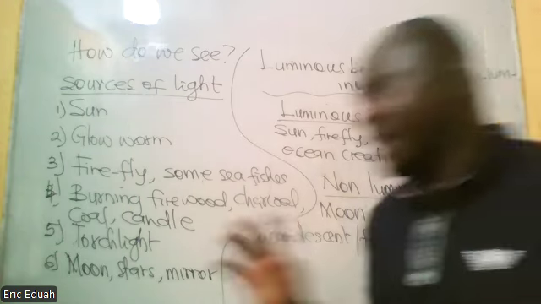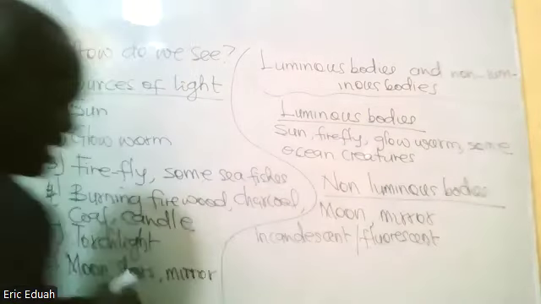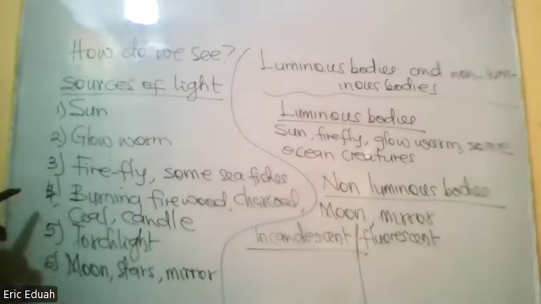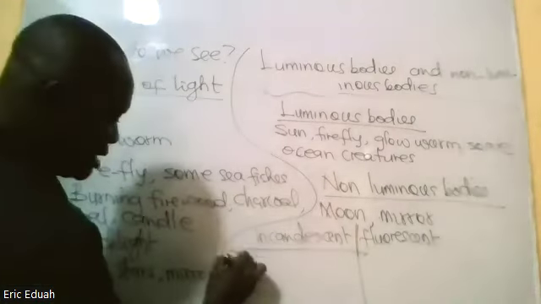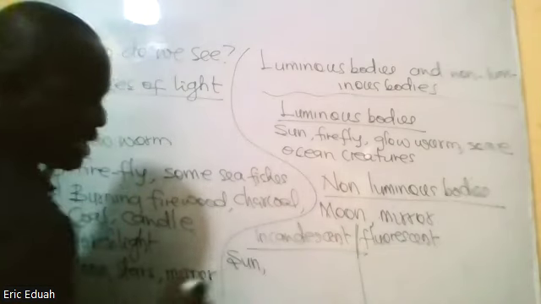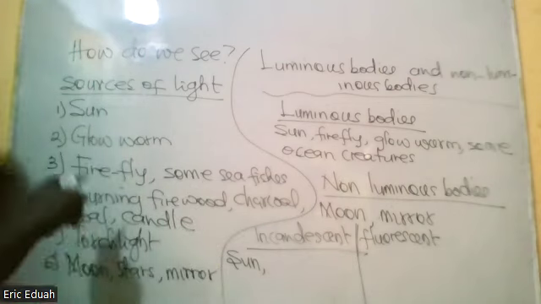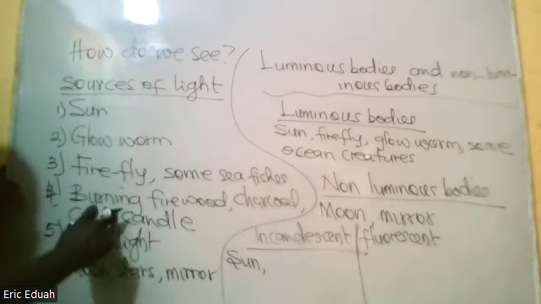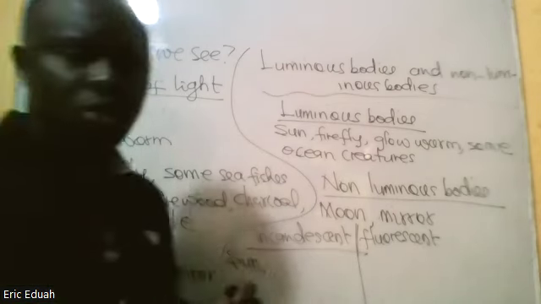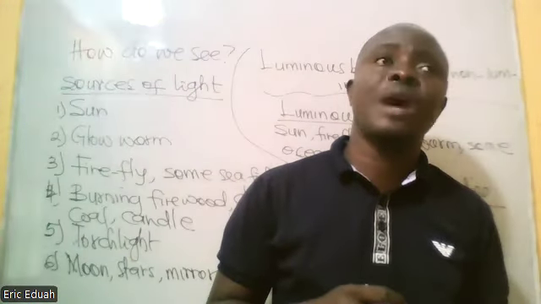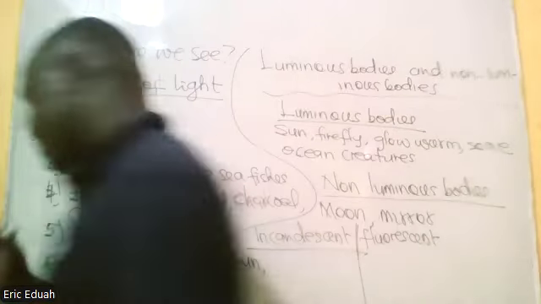Okay. An example of incandescent sources, we can refer to the sun as an incandescent source. Burning firewood, charcoal, candle, they all provide or produce light when heated. Then we also have incandescent bulbs.